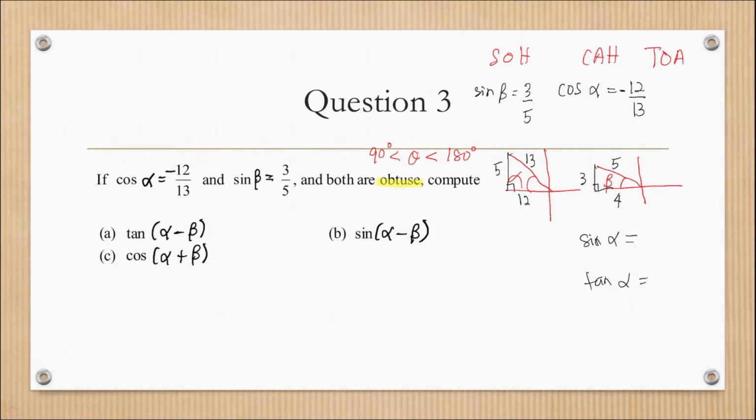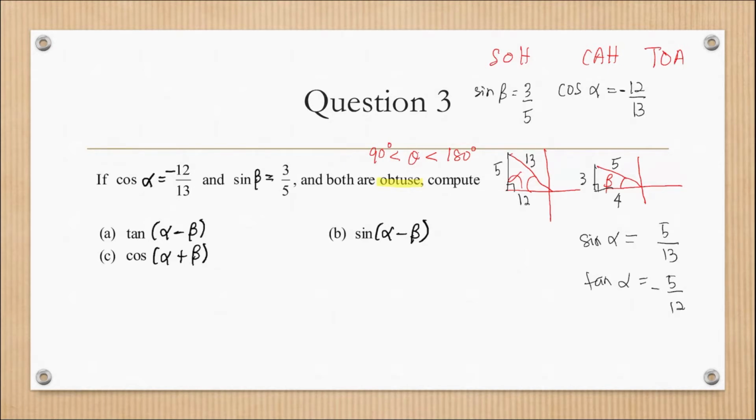Sin alpha is opposite over hypotenuse. So the opposite is 5. Hypotenuse is 13. So in the second quadrant, sin is positive. For tangent, opposite over adjacent, so 5 per 12. So in the second quadrant, tangent is also negative.